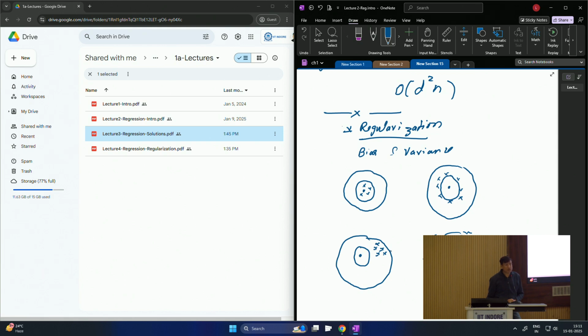So this is a biased set of data points. And is the variance small? The variance is small because with respect to each other, they are close. But with respect to this guy, they are far away. Correct?